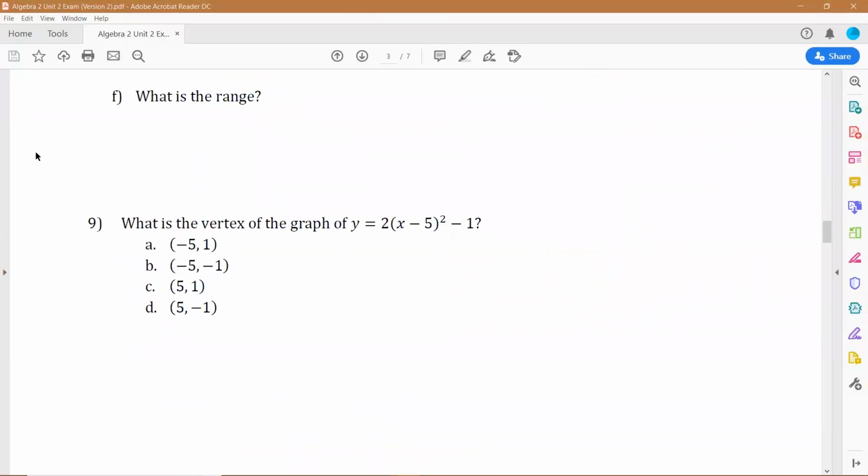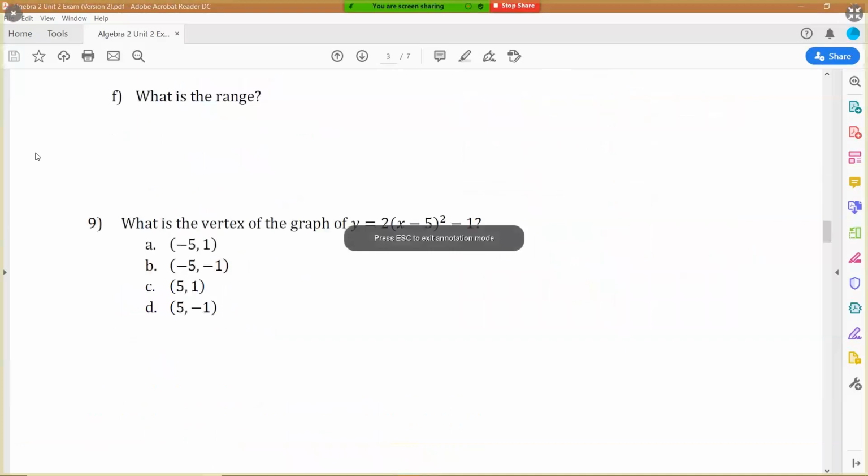Question number 9, another fairly easy question. If you recognize this is in vertex form, it is on your reference sheet. Vertex form looks like this. Again, it's on that reference sheet.